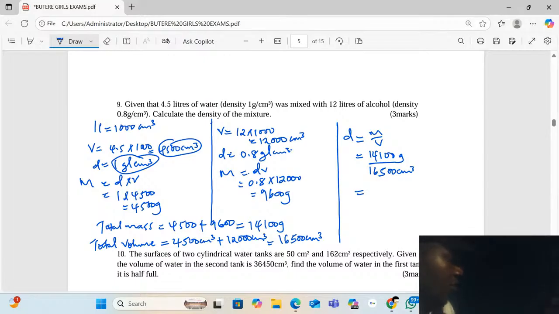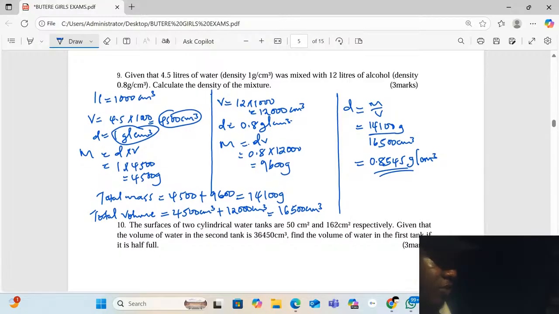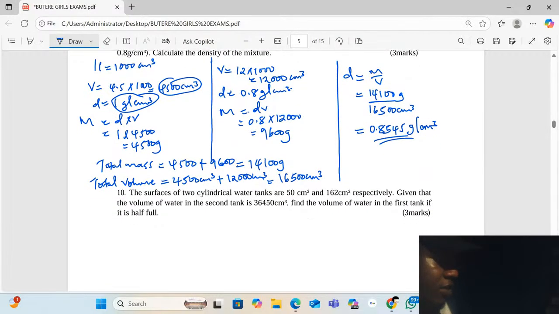So the density of the mixture will be 0.8545 grams per cubic centimeter. So density, you take the total mass over total volume, and you get your answer that way.